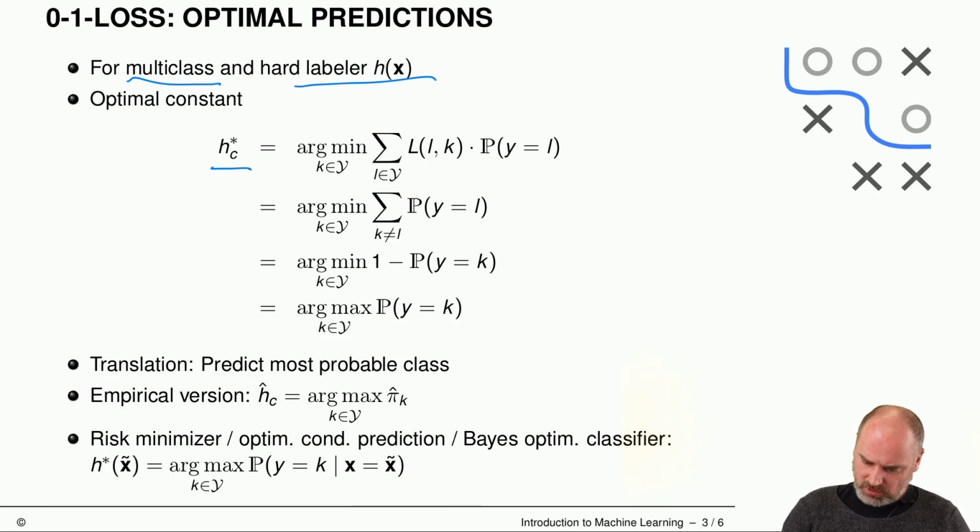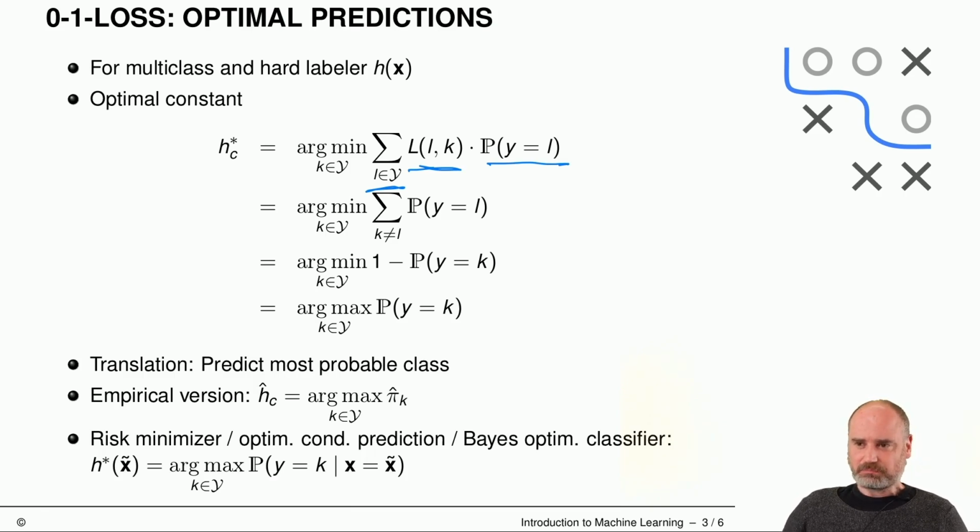So k here is going to be our prediction. Then we iterate over all potential classes l in our label space, we compare k with the true label l, and we multiply this by the probability of the class being l.